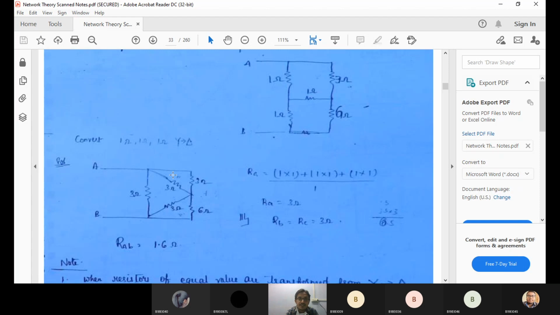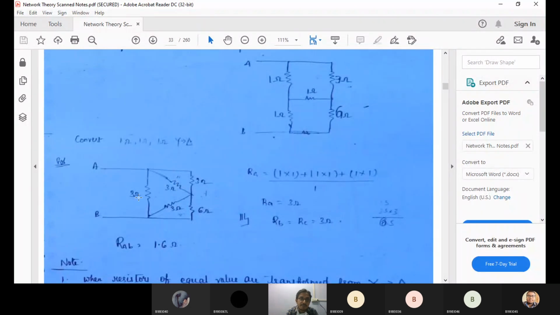So what is the equivalent resistance? 3 into 3 by 3 plus 3, which is 1.5 ohms. And this 3 ohm and 6 ohm are also connected in parallel. The combination is 3 into 6 by 3 plus 6, 2 ohms. This 2 ohms and 1.5 ohms are connected in series, so the combination is 3.5.